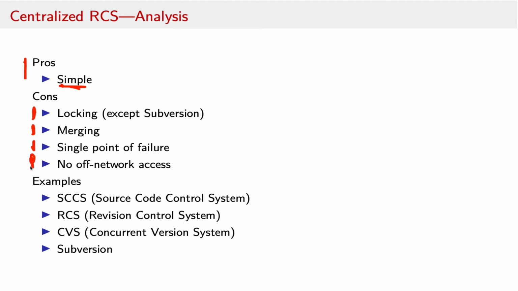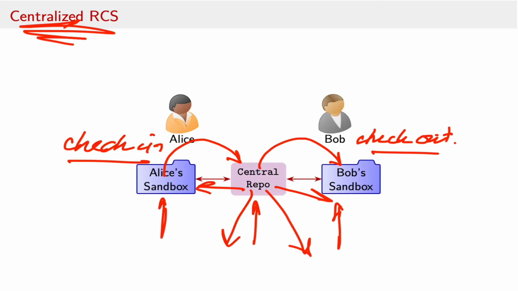Another thing is that you're heavily reliant on the centralized revision control system whenever you want to do anything related to keeping track of revisions of your code. When you check something out, as we illustrated in the previous slide, you're just getting the latest and greatest copy of all those files. Remember that the revision control system is keeping a history of these changes that you make over time.